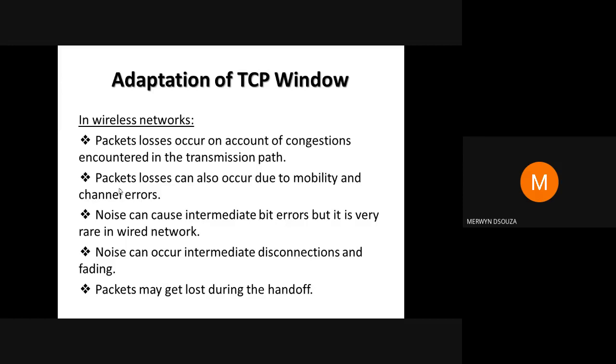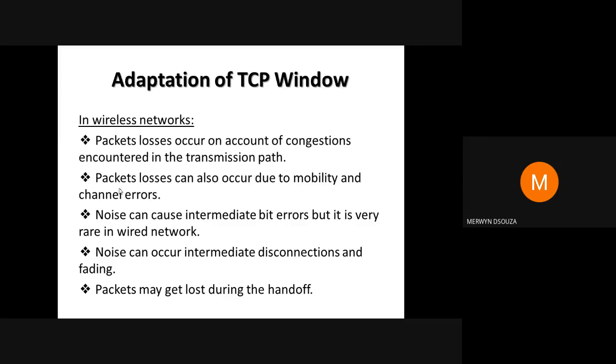Okay, so my question to you now is based on what I have told you. Again, I'll just repeat those two points, then I will ask you the question. In wired networks, the moment a packet is lost, what do we think has happened in the network? Congestion has happened. In a wireless network, when a packet has been lost, it could be due to one of several reasons mentioned on this slide.